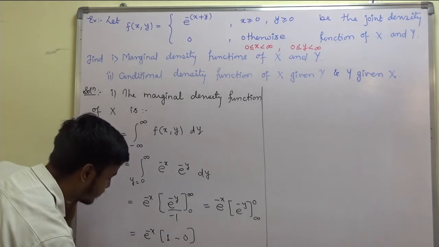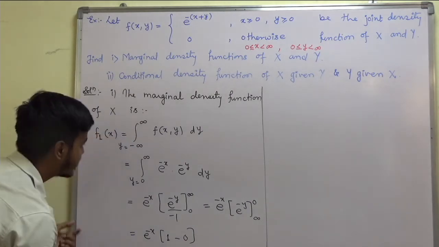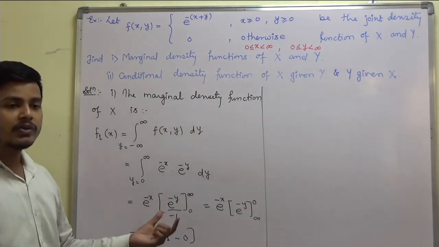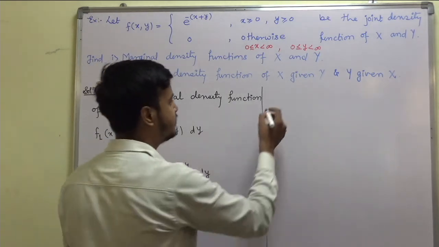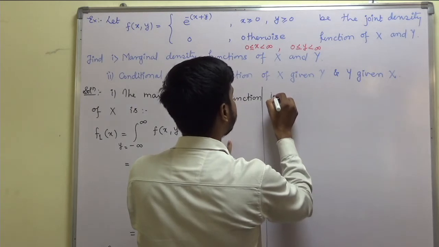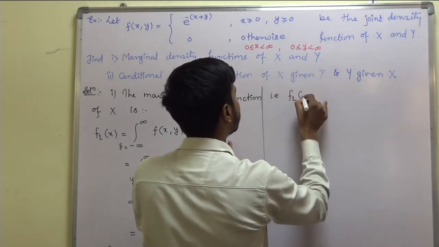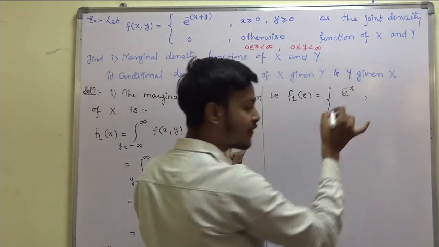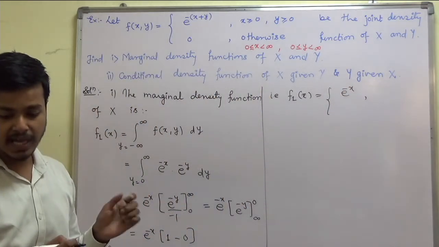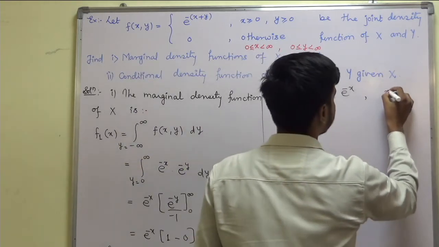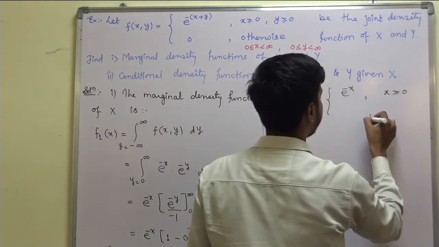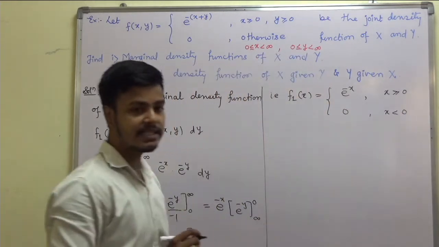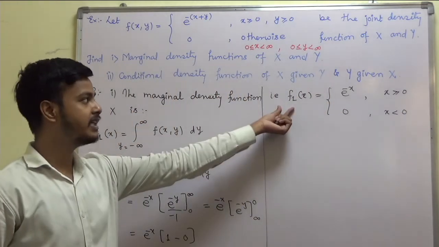So we have e to the power minus x as my f1 of x. If you want to write it precisely, the marginal density function of x is e to the power minus x for x greater than equal to 0, and for x less than 0 the value is 0.